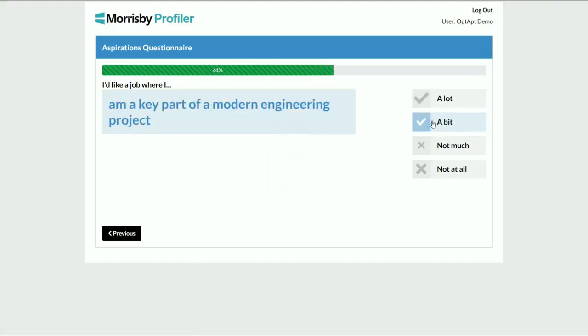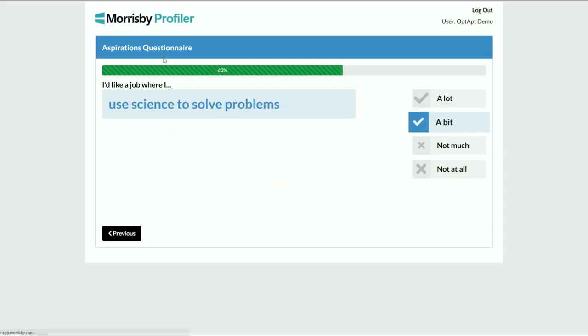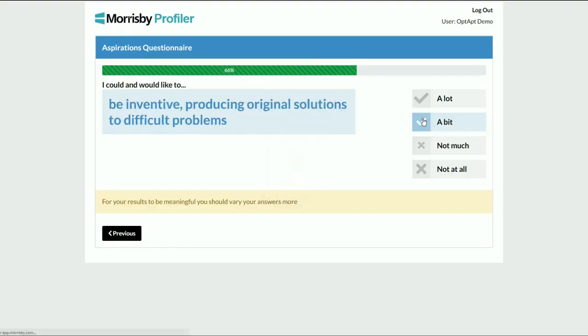Around the 60%, 65% mark, that heading "I'd like a job where I" would change to "I could and would like to."